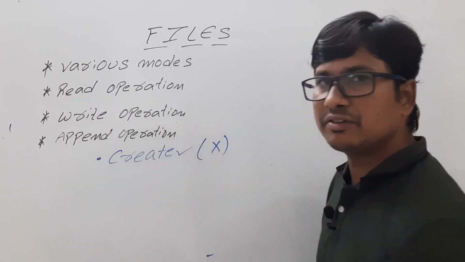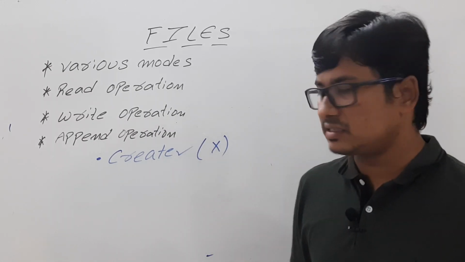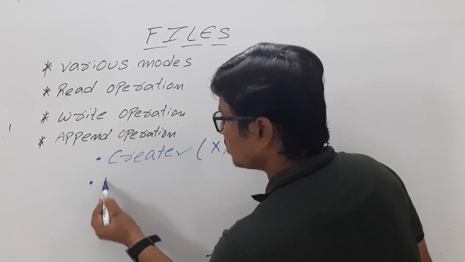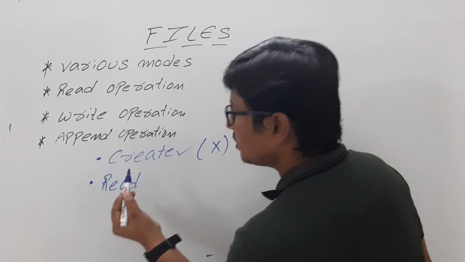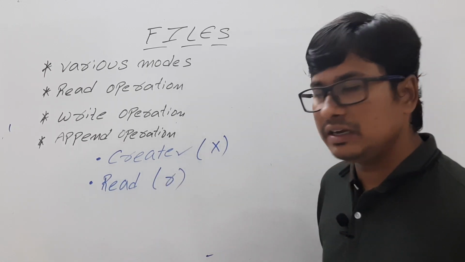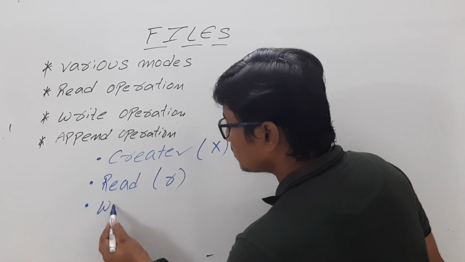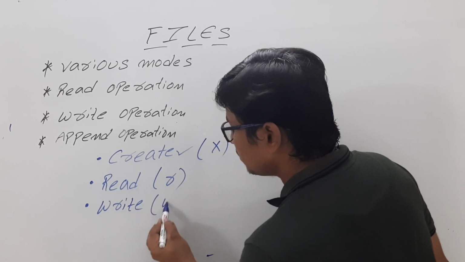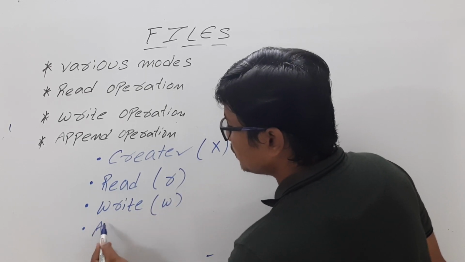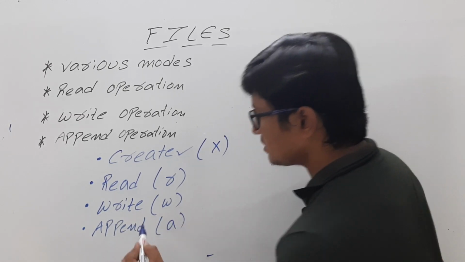If you want to create a file, you will give the name of the file and then in the mode you will give X. Similarly, we have the read mode, meaning that you are reading the file. Is it clear? Similarly, if you want to write some information into the file, you will give it as W. If you want to append any information into the file, you will give it as A.